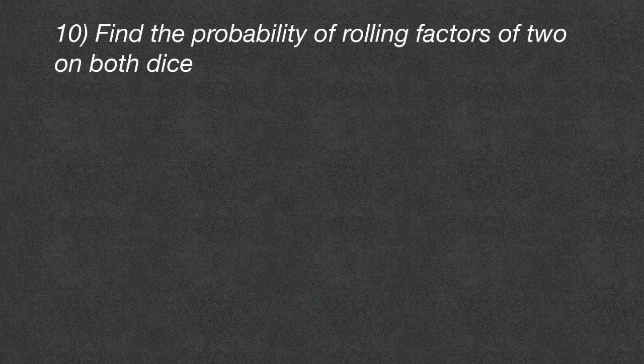Here's the next problem. Find the probability of rolling factors of 2 on both dice. So 2. What are the factors of 2? Well, the factors of 2 are 1, 2, and 4.